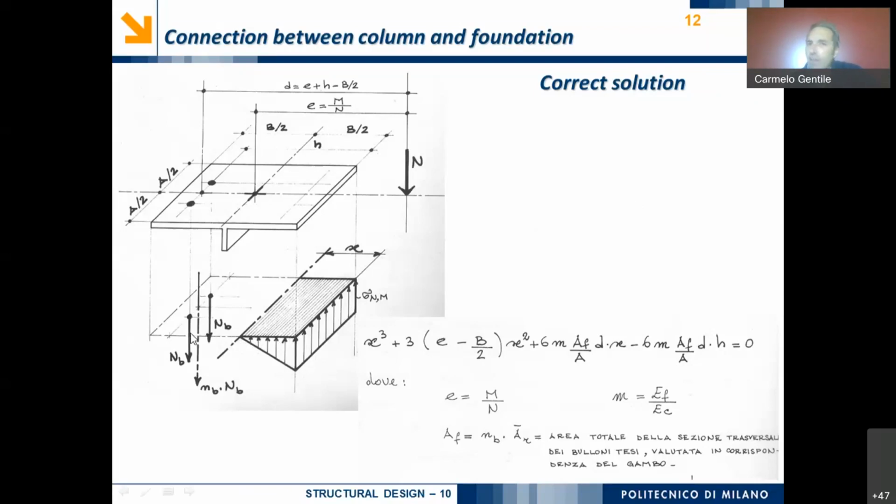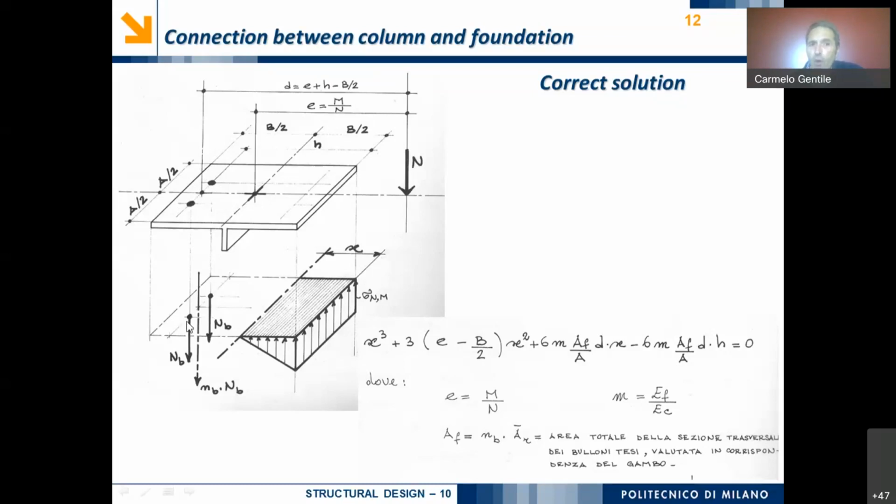On the other side, there will also be a vertical deflection, which is directed upward, and this deflection also depends on the distance from the neutral axis.